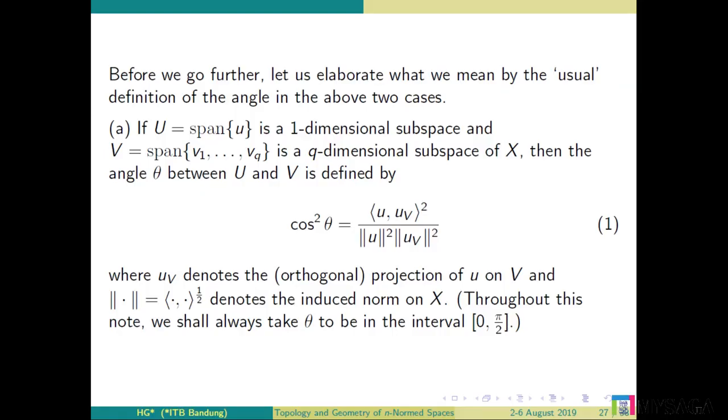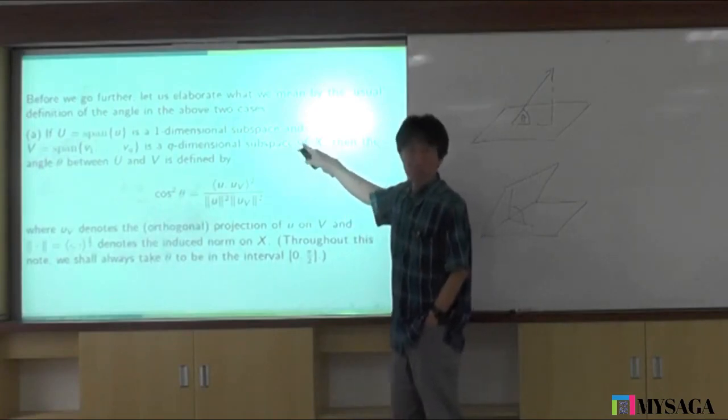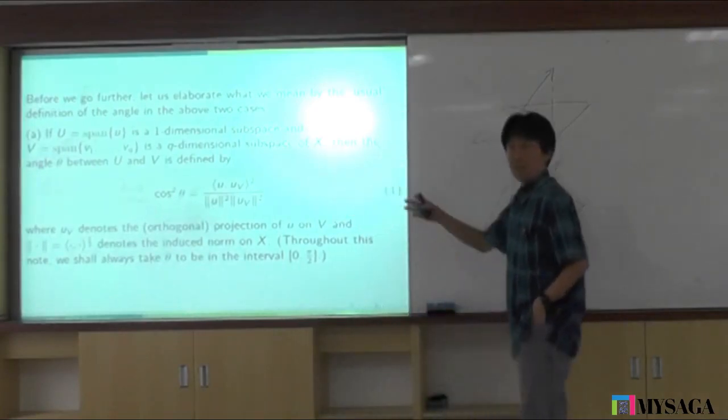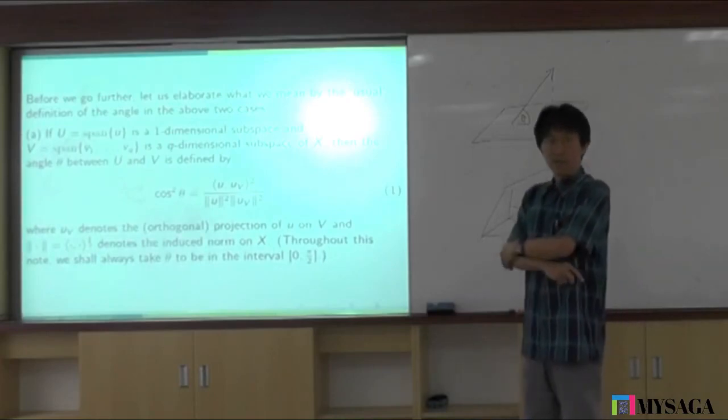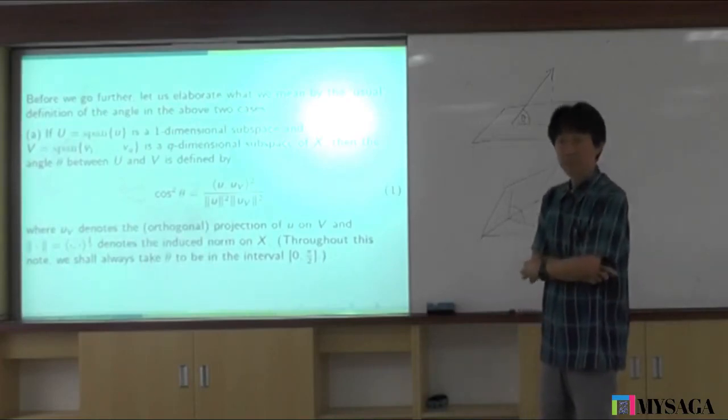So before we go further, I use the word usual. What does that mean? That means that in those two cases, the angles should coincide with the notion of angle between two vectors, right?